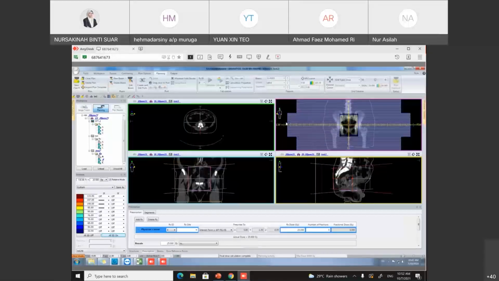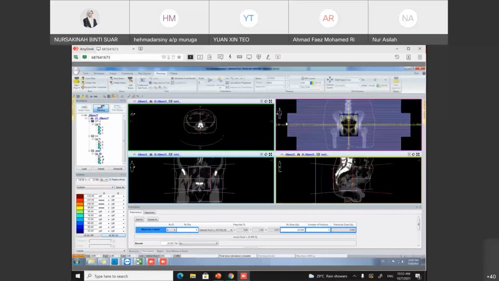So for this pelvic case, for example, we are going to prescribe this plan. This is a CA prostate plan. We are going to prescribe the dose at 25 gray in 5. Actually, there are a lot of prescriptions, and maybe this doctor wants a high-dose radical, but it doesn't matter.